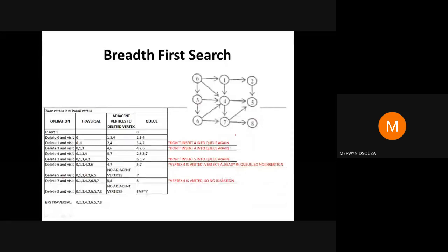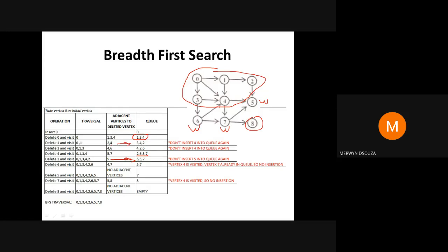So presently this is what your diagram looks like. 8 is in the initial state, 5, 6 and 7 are in the waiting state, and the others have already been visited. So I cannot insert 5 again because it has already been visited. In simpler words, as Vibhuti has answered, if that element is already present in the queue, do not insert it again.